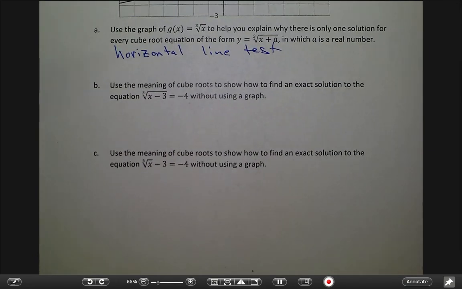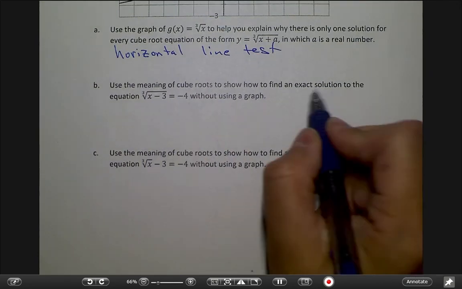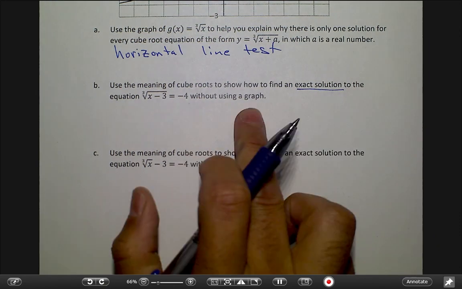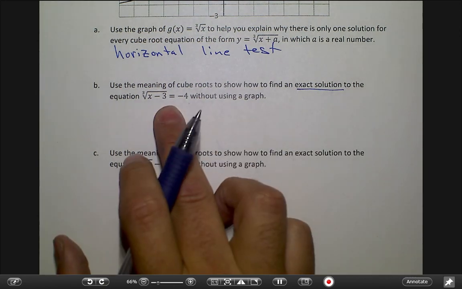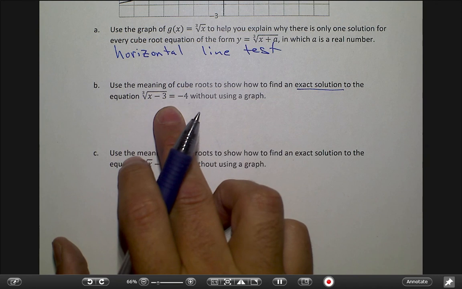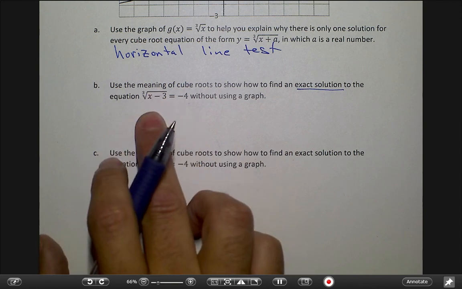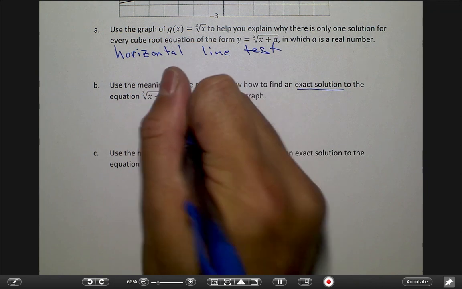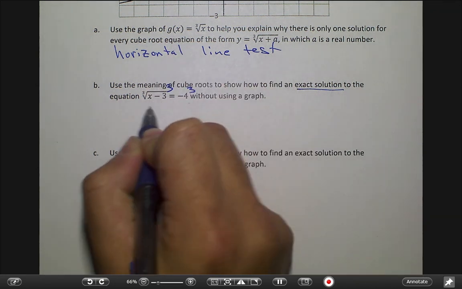All right. It says right here, use the meaning of cube roots to find an exact solution. Okay, without using a graph. Okay, so we're just going to solve for it. So what am I going to do first to this? Cube it. Let's cube both sides. Cube and cube. So if I cube both sides, I'm showing the work.